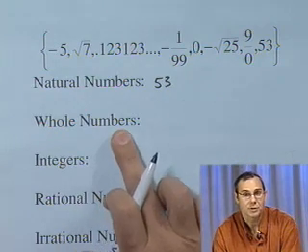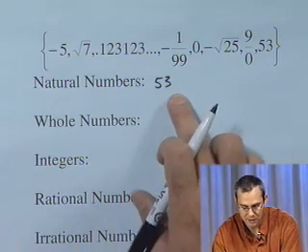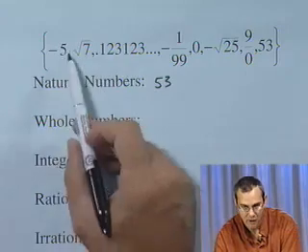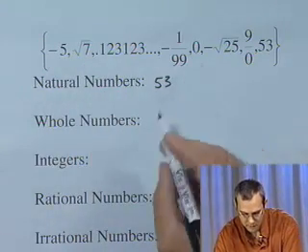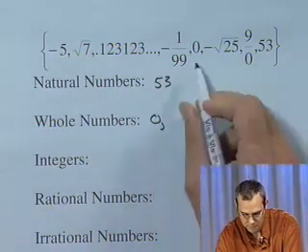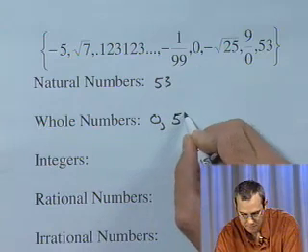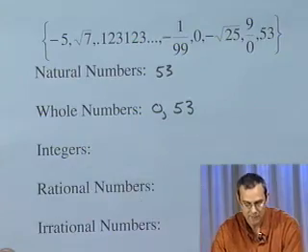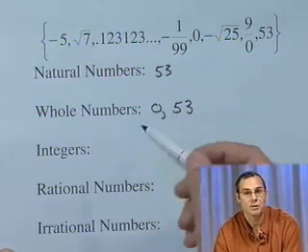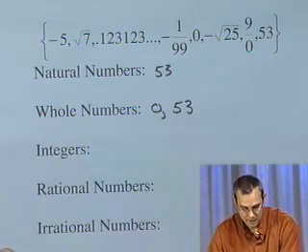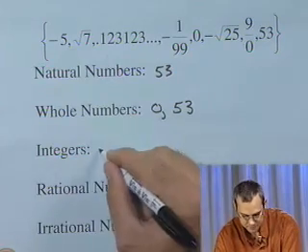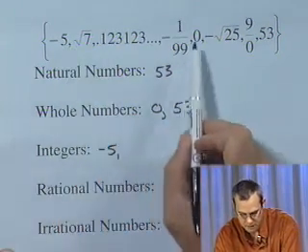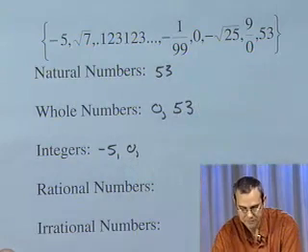Okay? Remember what the whole numbers were. They were our natural numbers, including the element 0. So our whole numbers from our set here are 0 and 53. Okay? Now the integers, remember, are our whole numbers that include the negative whole numbers. So our integers, negative 5 is an integer, 0 is an integer.